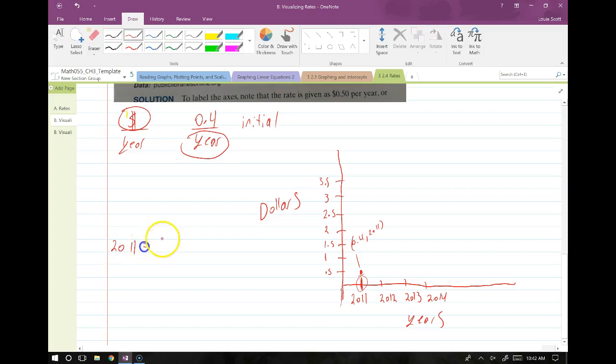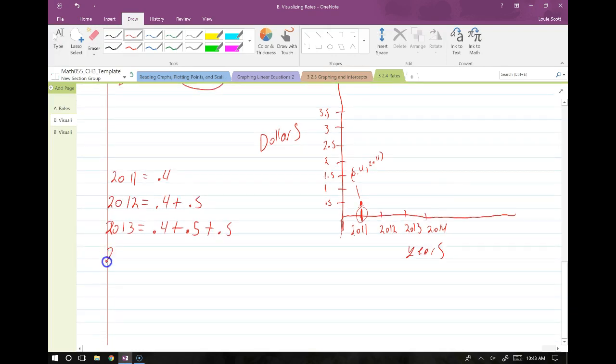2011 is 0.4. 2012 is going to be 0.4 plus 0.5, because per year we gain 50 cents. 2013 is equal to 0.4 plus the 0.5 from 2012 plus another 0.5 from 2013. 2014 is going to equal 0.4 plus a 0.5 from 2012 plus a 0.5 from 2013 plus a new 0.5 from 2014.